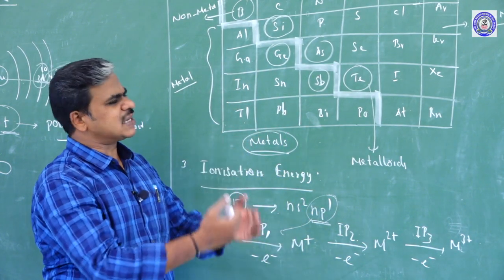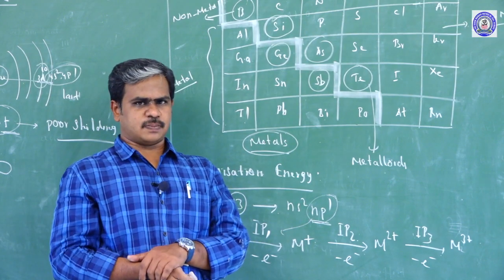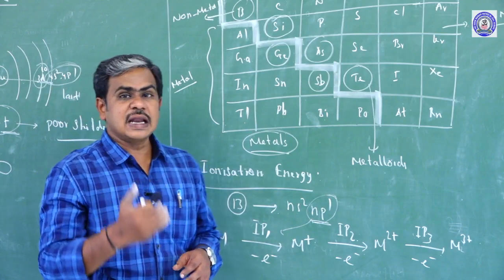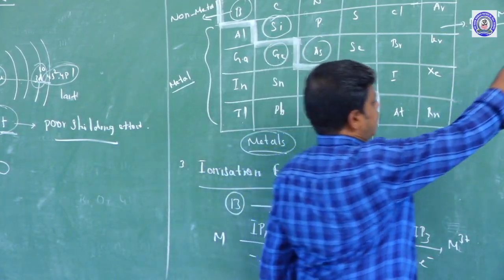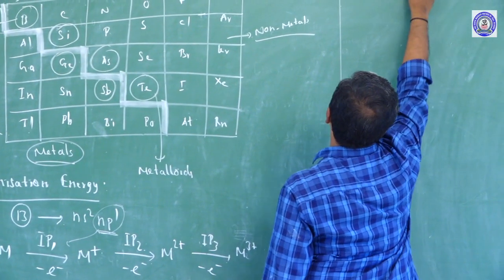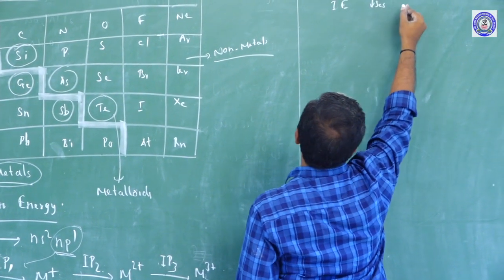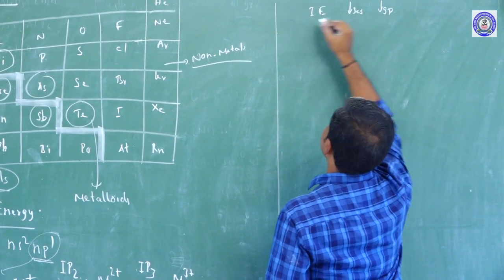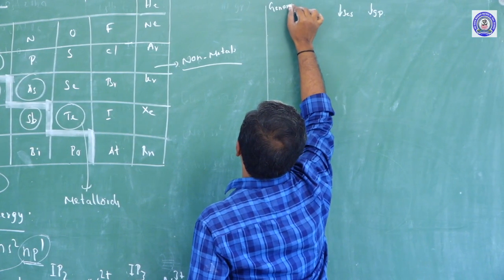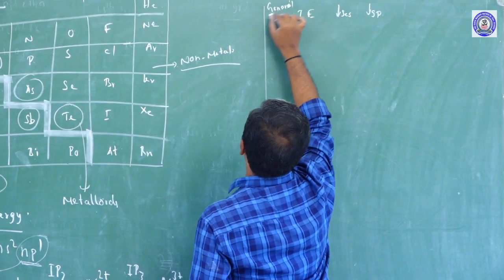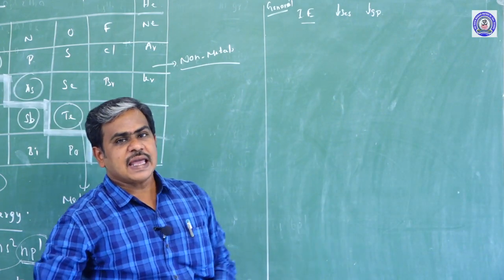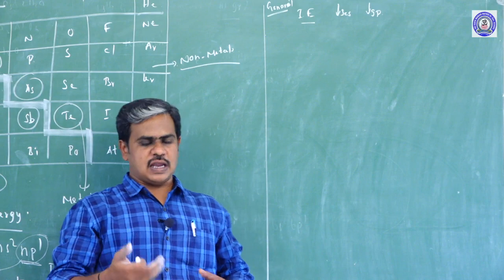Then what is the general trend in ionization potential? You know that ionization energy decreases down the group. It is the general trend. But in the case of the boron family, some variation occurs.